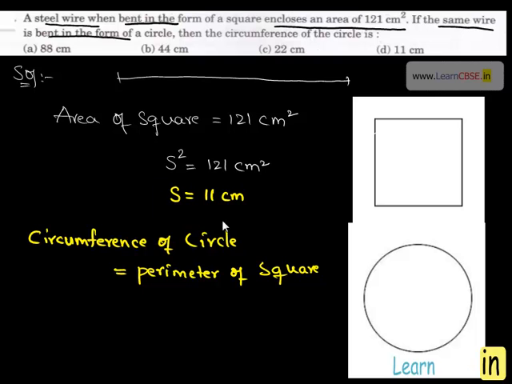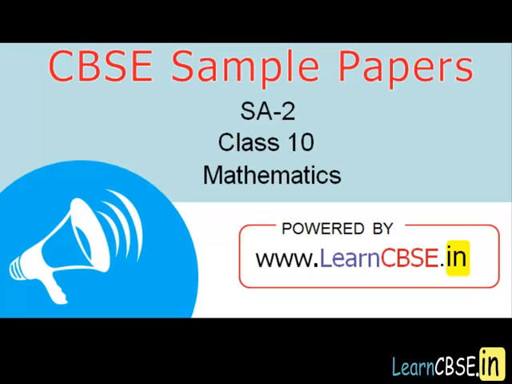We have the side of the square is 11 centimeters, so its perimeter becomes 4 times its side, that is 4 times 11, which is equal to 44 centimeters. Therefore, option B is our answer. Let's move to the next problem.